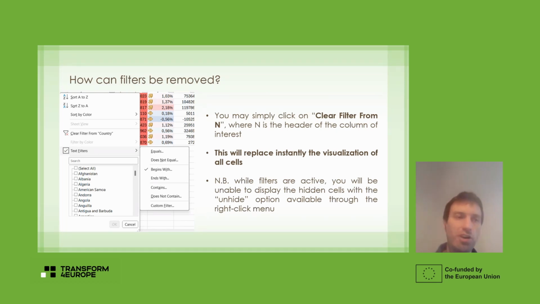So the filter actually overrides the option to hide and unhide cells with the regular right-click menu that you have on Excel. Okay, keep that in mind. So if you want to see again the cells that you have hidden, you will not have the option to do that by unhide, but you need to remove the filter first.